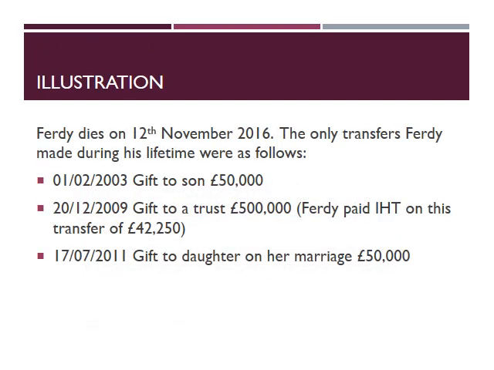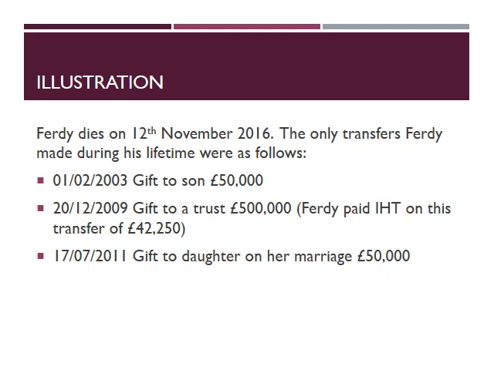So let's have a look at an illustration. Let's say that Ferdy dies on the 12th of November 2016, and the only transfers that Ferdy has made during his lifetime were as follows. Back on the 1st of February 2003, he made a gift to his son of 50,000.